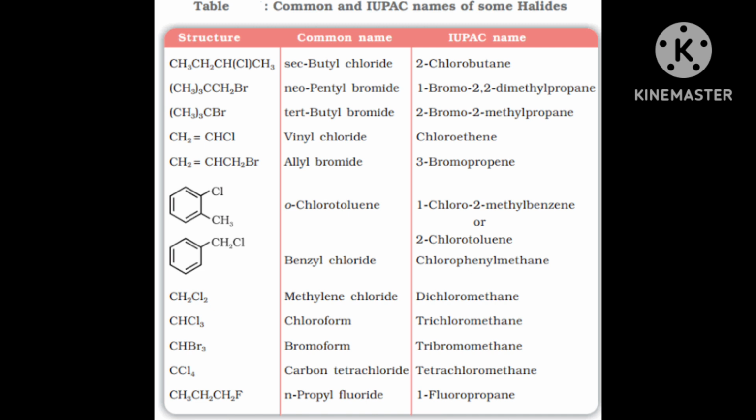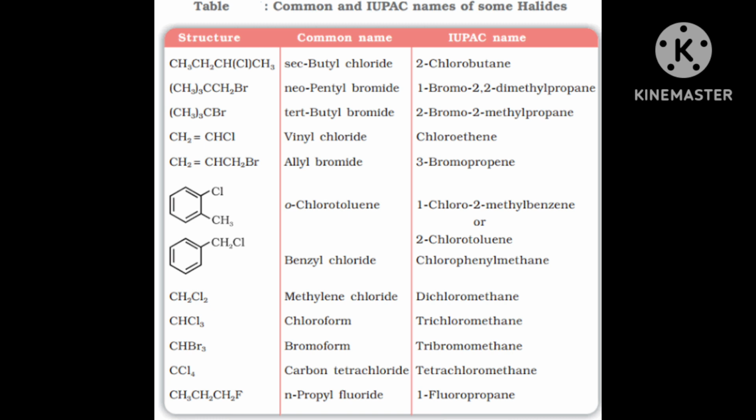Now what will be the common name? Two bromines are attached with benzene. Then you have to give value to position. The meta position is there, and a small m means meta. Then you write meta-dibromo, because 2 bromines are attached.